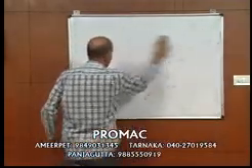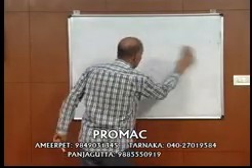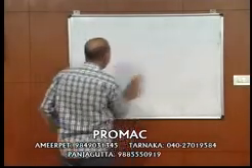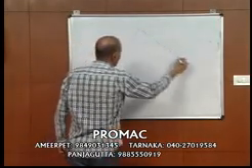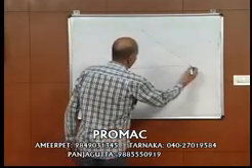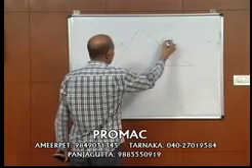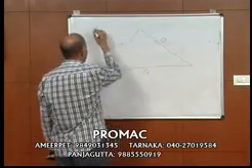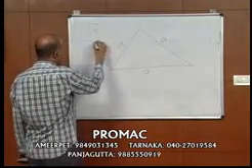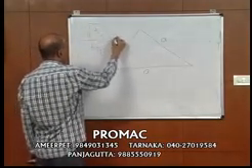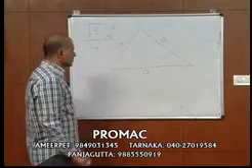What is the area of an equilateral triangle? Take any equilateral triangle where the side is equal to A. The area of this equilateral triangle is root 3 divided by 4 A square.